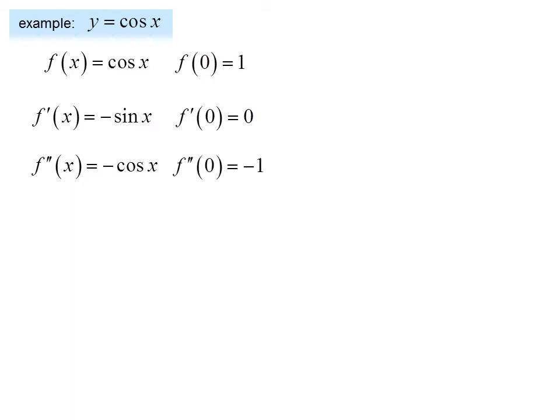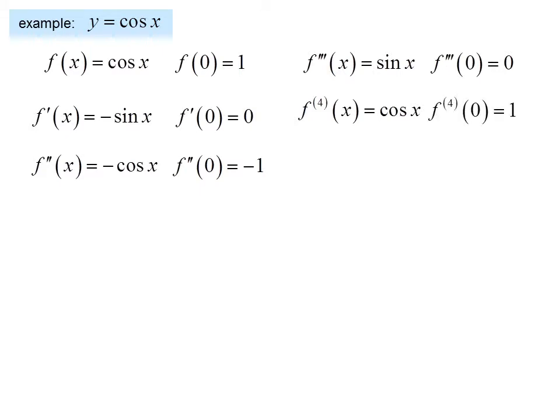The second derivative at 0 is negative 1. The third derivative is sine x, so the third derivative at 0 is 0. The fourth derivative is cosine x, and the fourth derivative at 0 is 1.